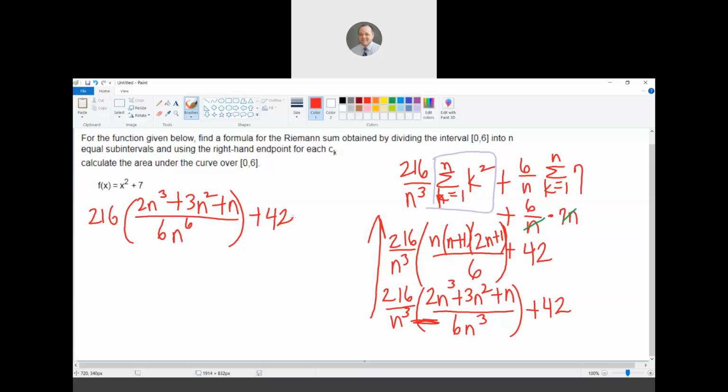And I think I have an extra n cubed. Yeah, I sure do right here. Let me mark that out. So your denominator should actually be 6n cubed. Sorry for that mistake.